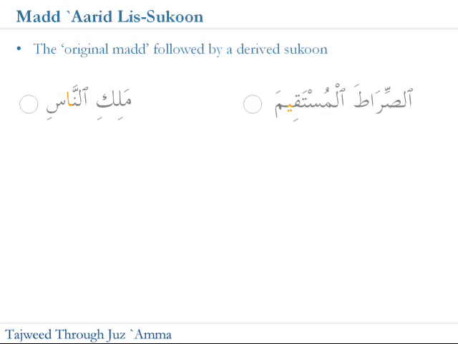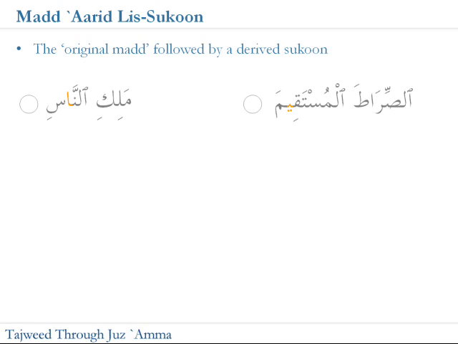Now, the original mad followed by a derived sukoon. So the first thing we have to understand here is what is a derived sukoon. If we go back, you can have letters or consonants with an actual sukoon on top of it, in which case it's sakin, or it's part of the letter with a shadda, which implies there's a sakin there, but they both have a sukoon, they're both sakin.